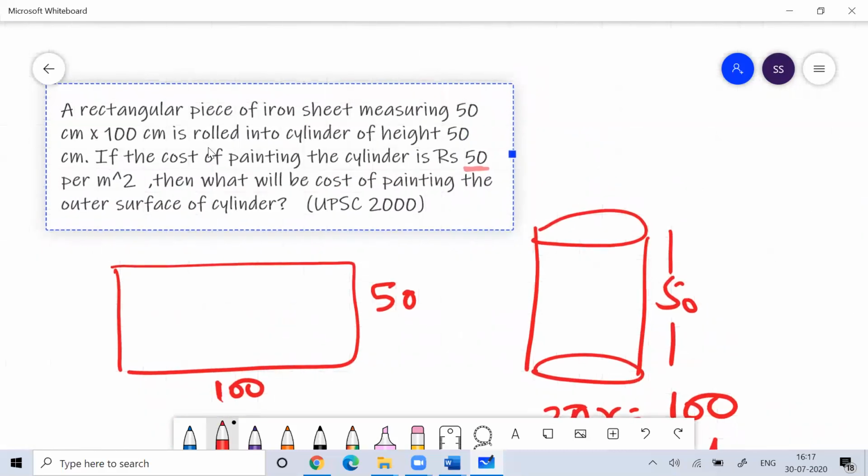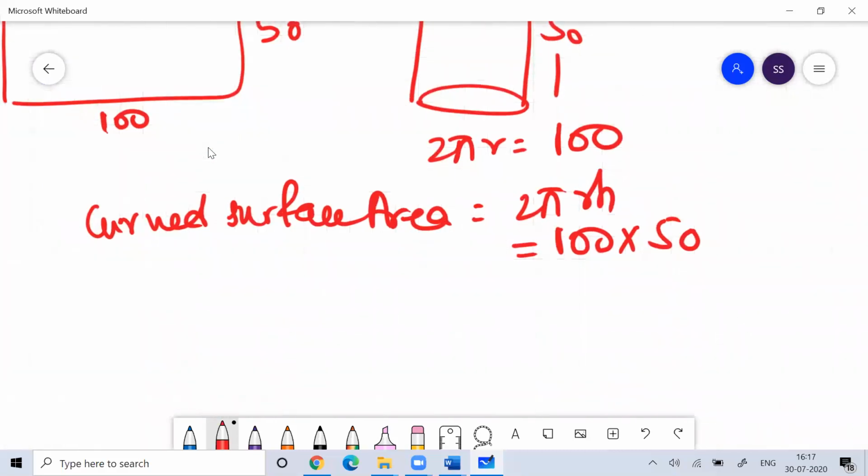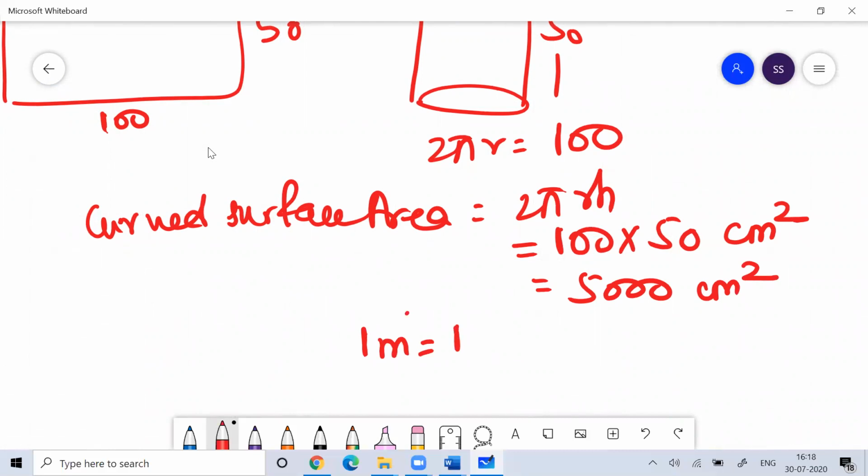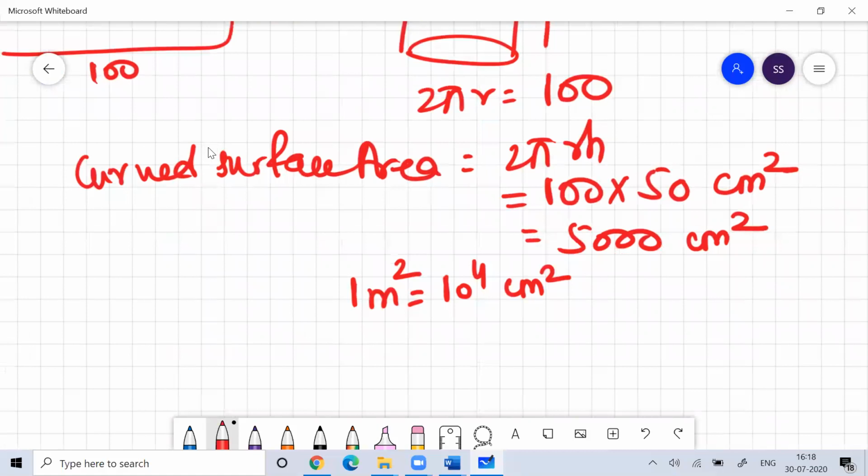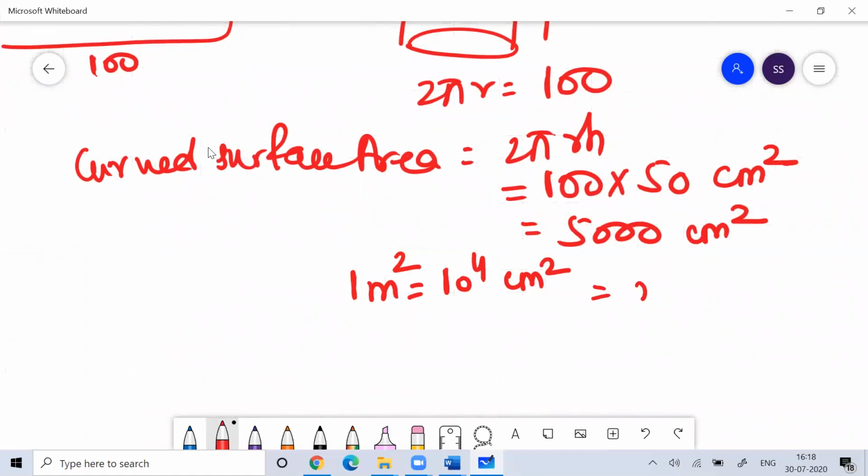Now, the units are in centimeter. Okay, fine, this is the catch. So here you got centimeter square. This is 5,000 centimeter square. You know that 1 meter is equal to 100 centimeter, so 1 meter square would be 10 to the power 4 centimeter square. If I write this in meter, it would be 0.5 meter square.